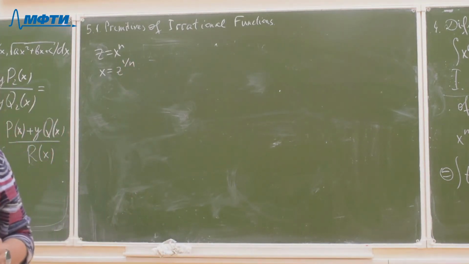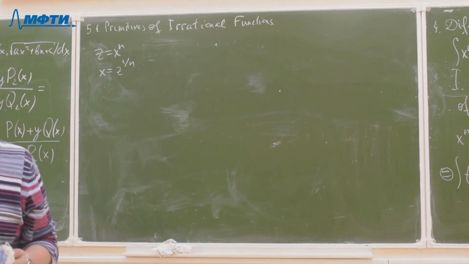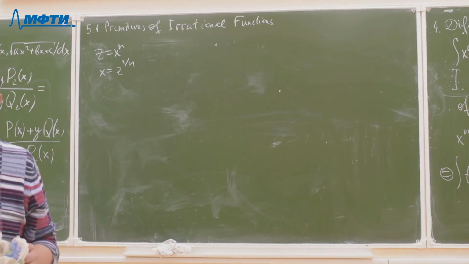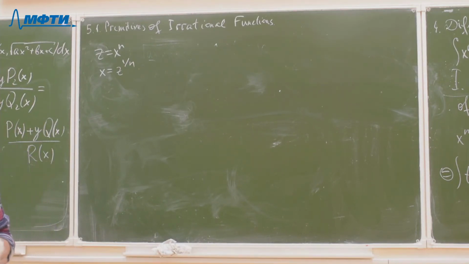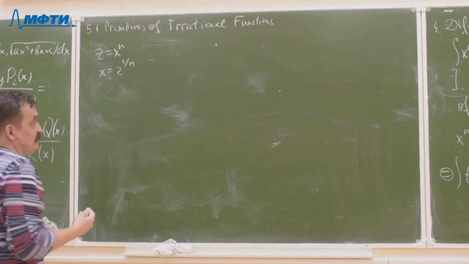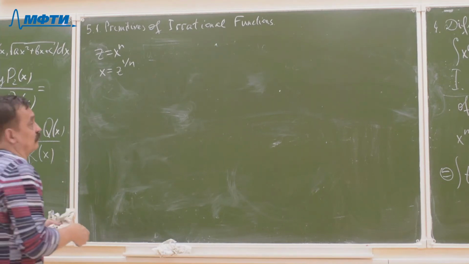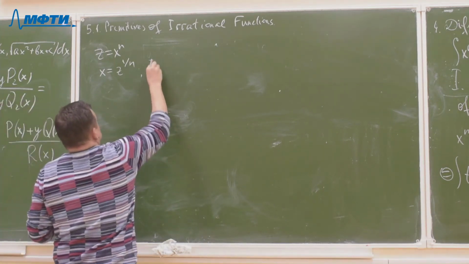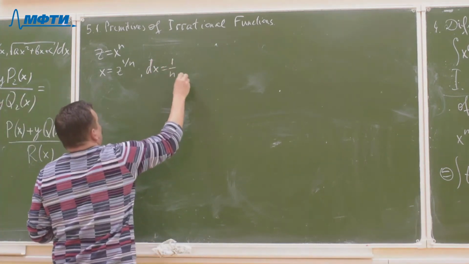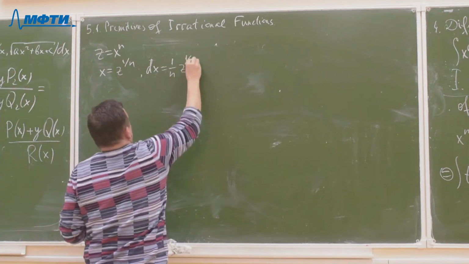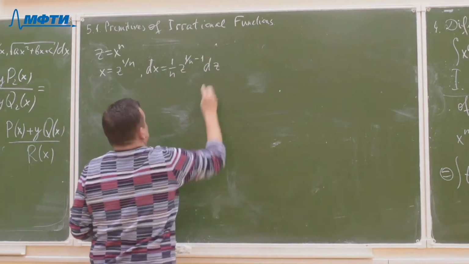You cannot write nth root because n is rational. It may be not an integer, and in fact, the most interesting cases are when it is not an integer. So dx is 1 over n z to the power 1 over n minus 1 dz, right?